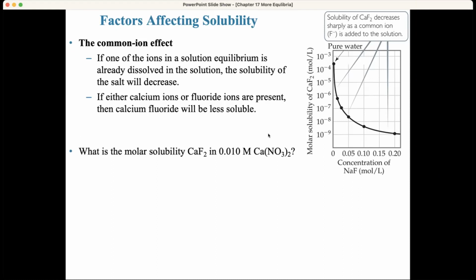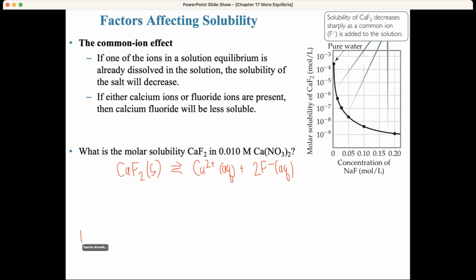So let's write our thing. I'm going to write the dissociation of calcium fluoride, just like I've been doing. Same principle.